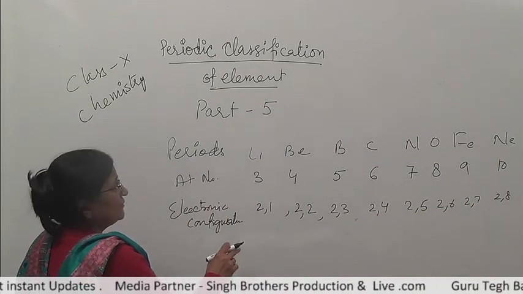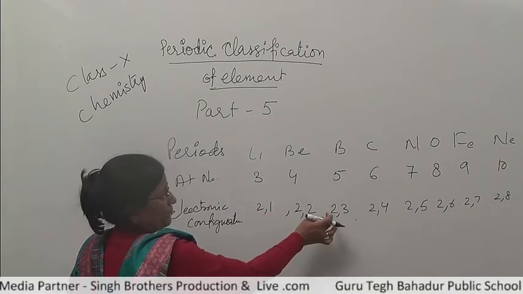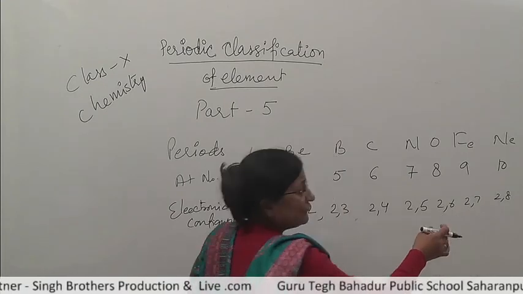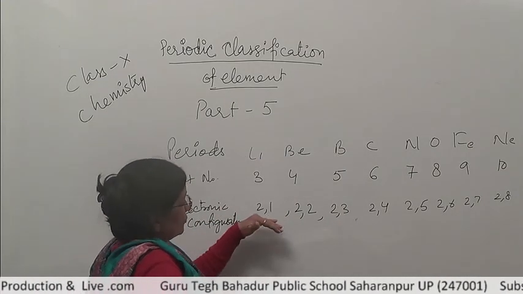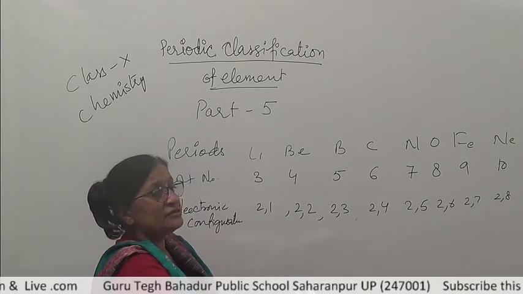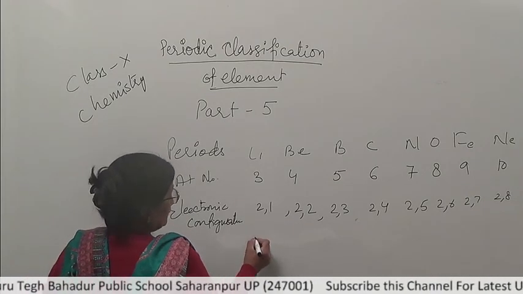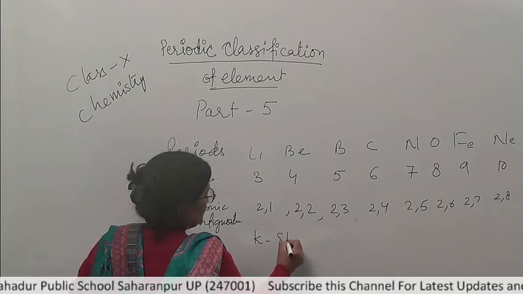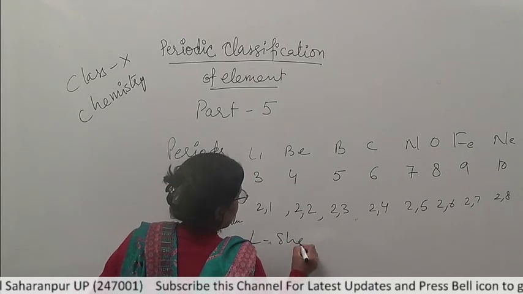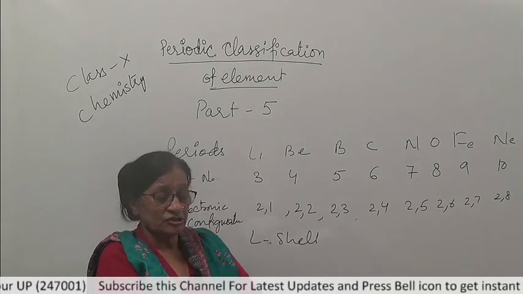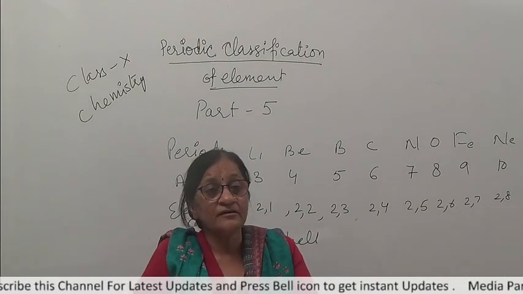We see that all have a different number of valence electrons, but there are only 2 orbits or 2 shells, the K shell and the L shell. So the number of shells decides the number of the period.